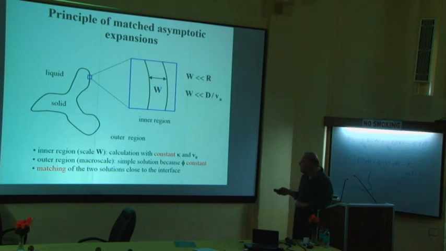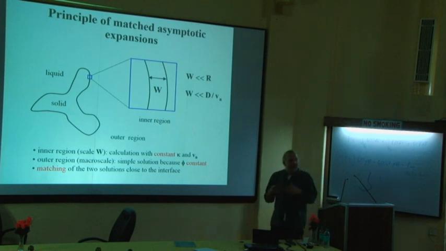So the idea is what? You do this inner calculation on the phase field as if it was a constant curvature and a constant normal speed. And you treat the forcing by the outer field as a small perturbation. In this limit, you can get an approximate solution for the inner problem.